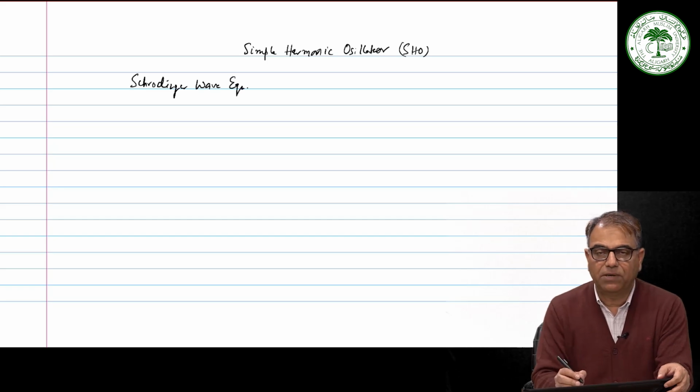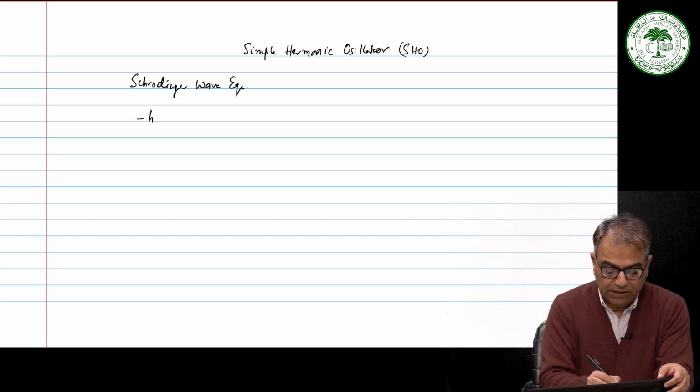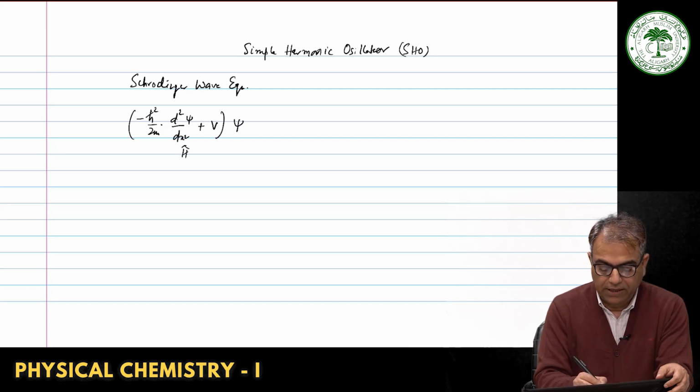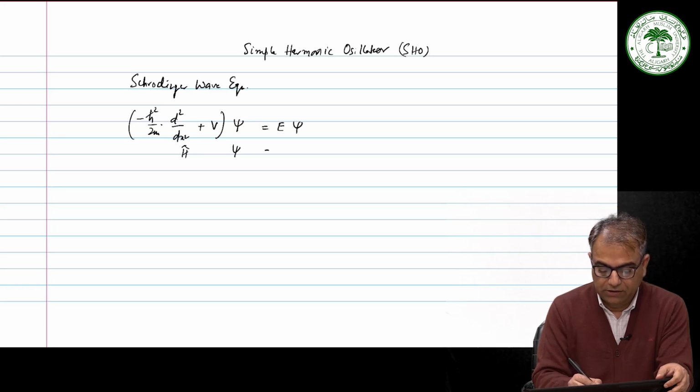Since it is a one dimensional problem, you can write minus h cross square divided by 2m d square by dx square psi plus V, which is the Hamiltonian, applied to the wave function, and what you get is E psi.